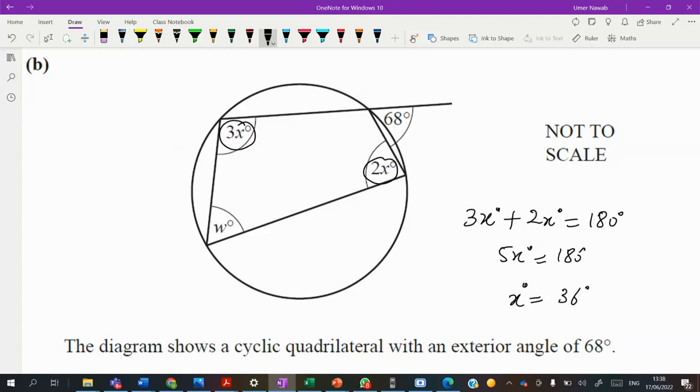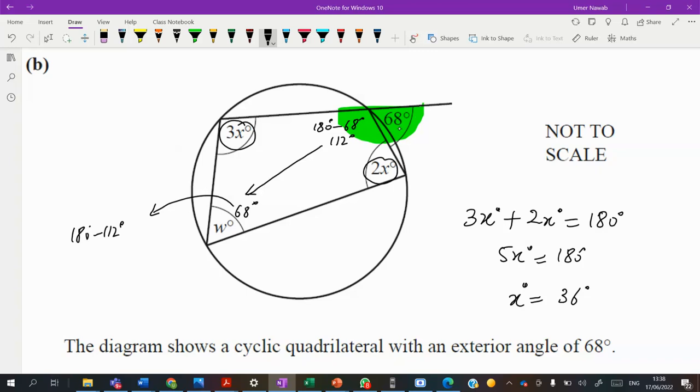So x is found. Second thing is, boys, this is a straight angle, 180. Can I find this one? This one is 180 minus 68. That gives me 112. And then W is opposite to it. So I write 180 minus 112. That is 68.